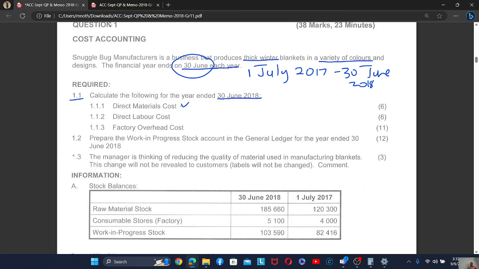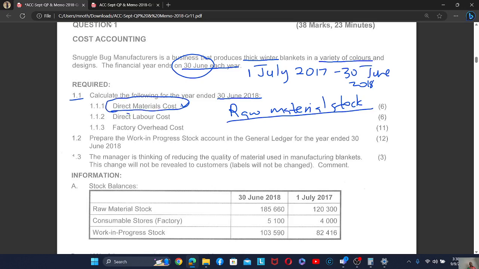So in manufacturing, we have the raw material stock and we have the direct material cost.